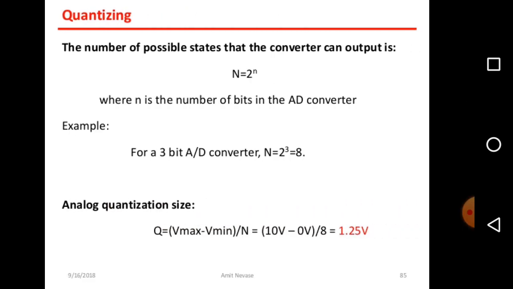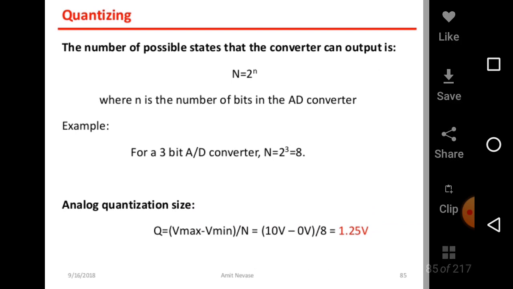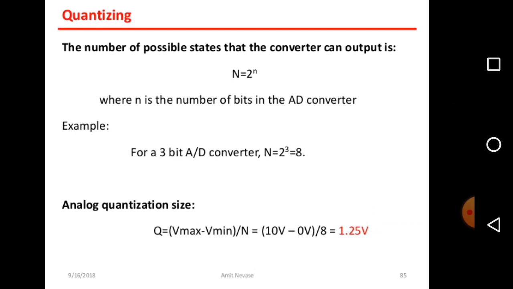Next, the number of possible states that the converter can output is 2^n, where n is the number of bits in the A to D converter. Example, for a 3-bit A to D converter, 2^3 equals 8.